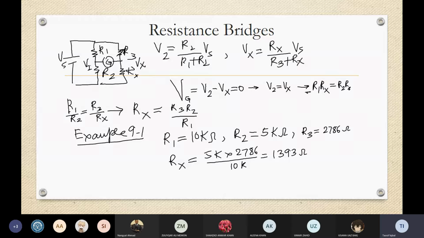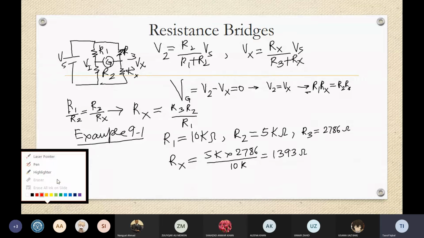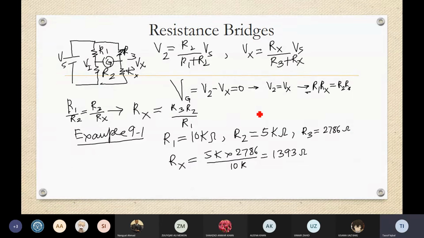So for a balanced bridge, the galvanometer reading must be zero, and therefore the voltage V2 is equal to Vx, and therefore we can find that the ratio R1 by R2 and R3 by Rx must be equal, from where we can find the value of Rx.